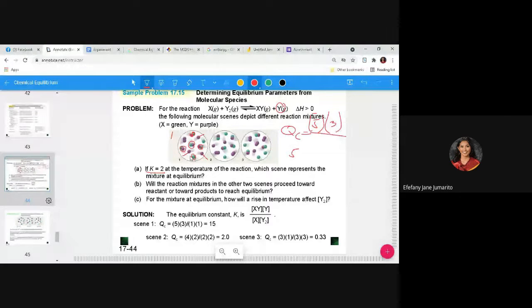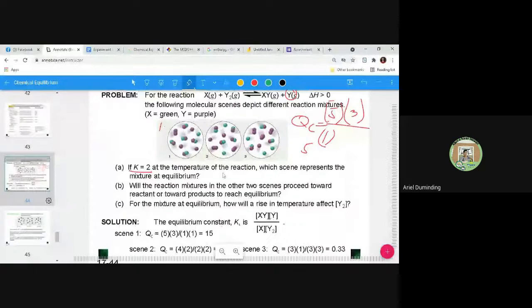What about X? X is green. One. And Y is purple. Three.